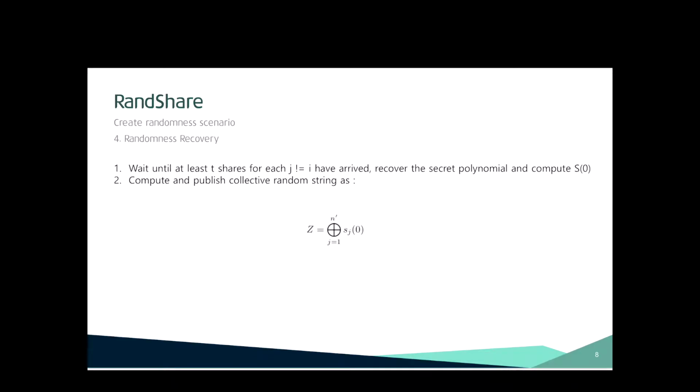Wait until at least T shares for each j have arrived and recover the secret polynomial using Lagrange interpolation and compute s_j(0), the secret value. Then compute the collective random string by concatenating the s_j(0). So the collective randomness is completed by concatenating the secrets from every node.